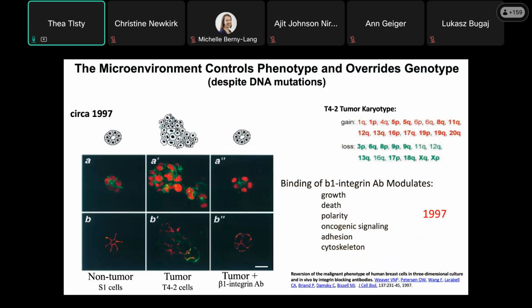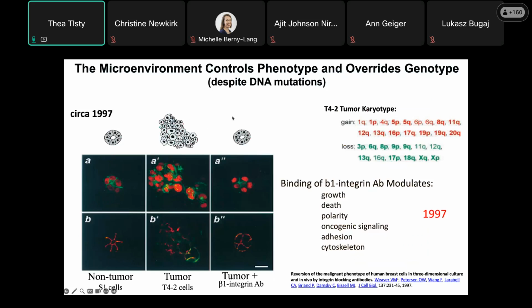This was also shown by Mina Bissell, where here she's taking non-tumorigenic breast epithelial cells, putting them in Matrigel. What they do is they form proper mammospheres, properly controlled for growth, death, polarity, etc. And when she took tumor cells and put them in Matrigel, they showed exactly what one would expect, a chaotic, non-regulated group of cells.